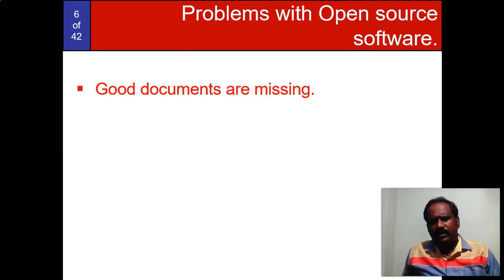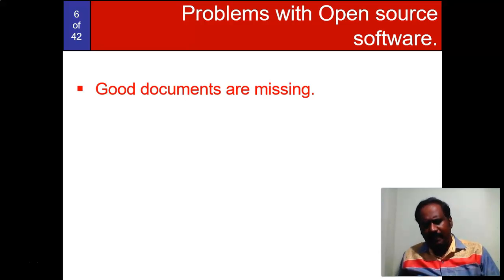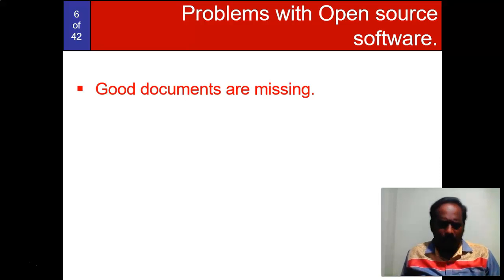For example, if I want to write a program in MATLAB, I have so many textbooks from which I can find the code for my exercise. But you cannot find even a single book for Scilab. So we are missing good documentation.